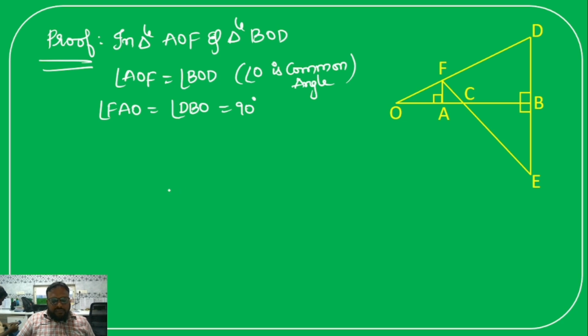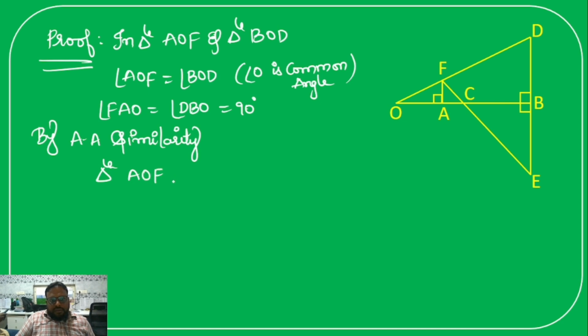So by AA similarity, I can write triangle AOF similar to triangle BOD. If two triangles are similar, the ratios of their sides are equal.